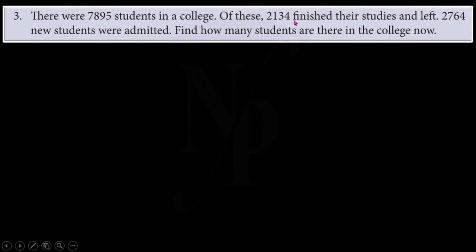These many number of students went out of the college, and after that some students rejoined. So what we should do is, we should subtract 2,134 from 7,895. So to the difference we need to add 2,764 to get the required solution for this problem.